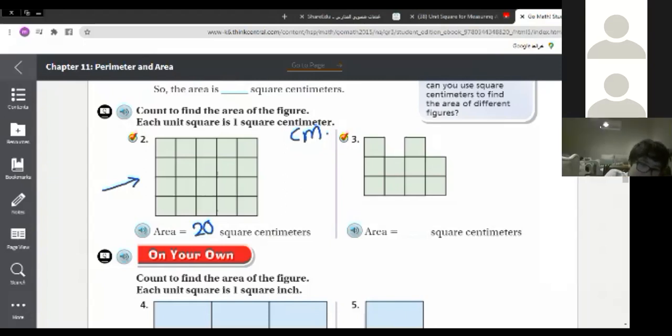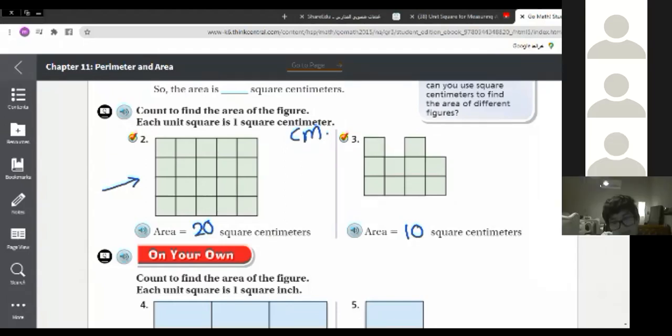Ali, in number 3, what is the area? It's 10. 10 square centimeters.